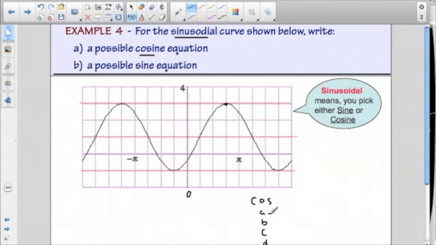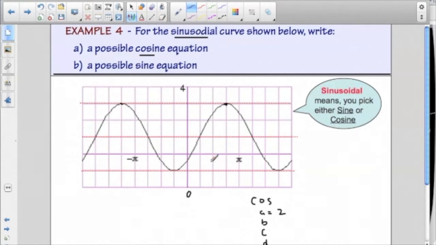So our A, the amplitude, is 2. You can see it's going from the middle up 2. And our B, well, we can go from top to top here. That's a good range. So we count, what do we got here? 1, 2, 3, 4.